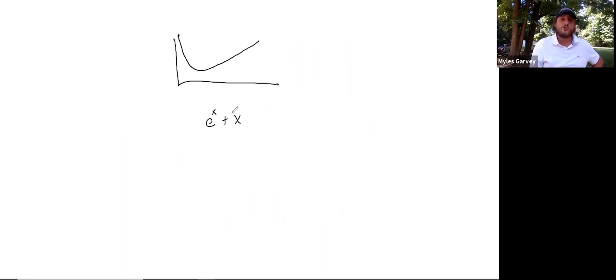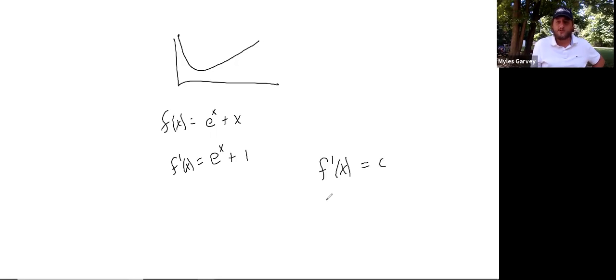The question is, where is the maximum or the minimum? We take the derivative of that, which we know is e to the x plus 1. F of x equals this, f prime of x equals this. And for the first order conditions, we set the derivative equal to 0. We then solve for x.